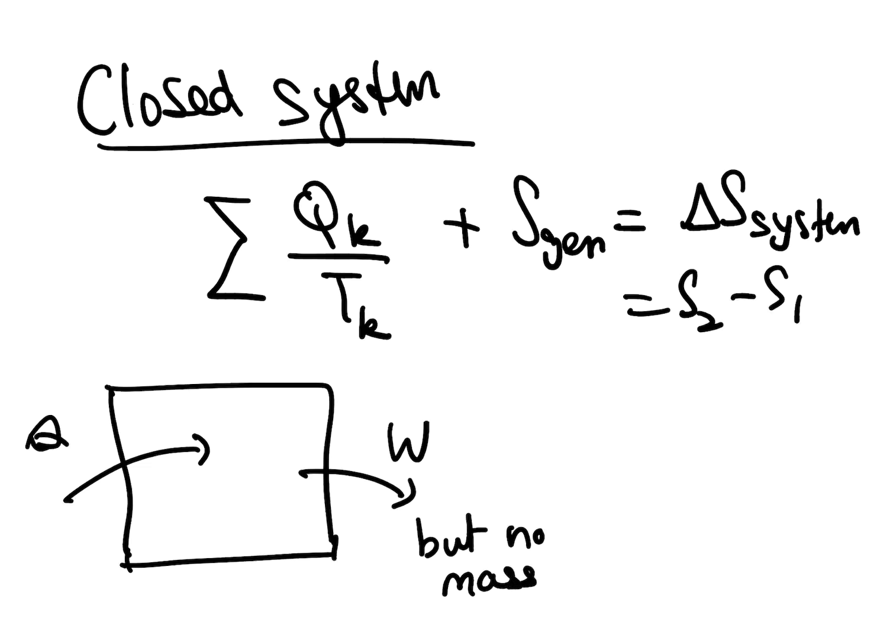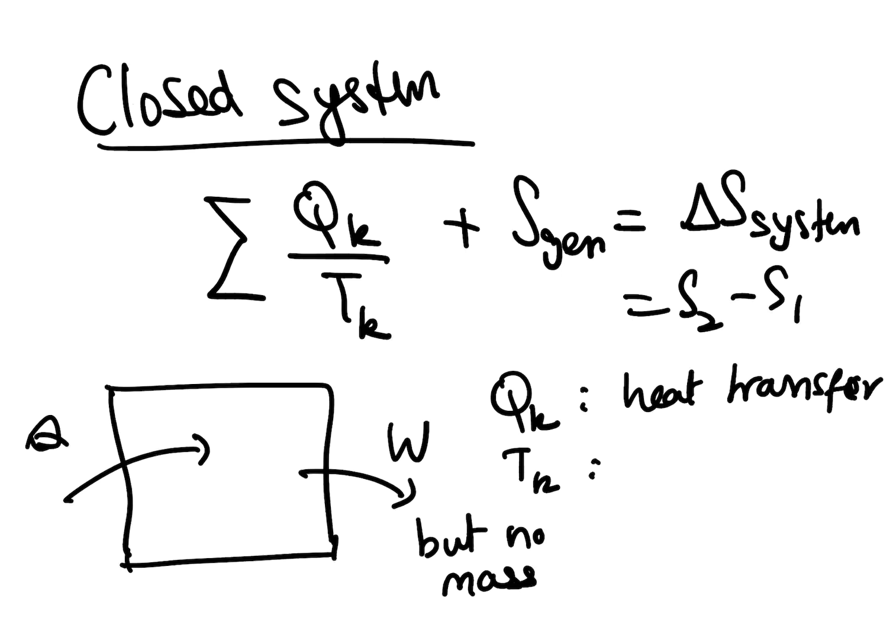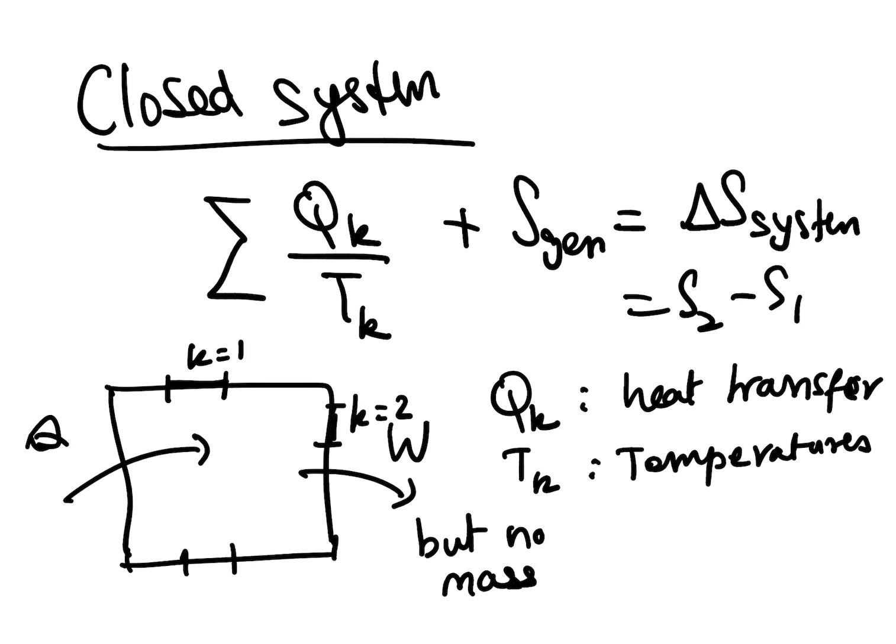Qk and Tk are the heat transferred and the temperature at which those heat transfers are taking place. There can be multiple ports through which you can transfer heat. For example, this could be k equals 1, this could be k equals 2, this could be k equals 3. At one point you may be heating, at another you may be cooling or removing heat, and so on.